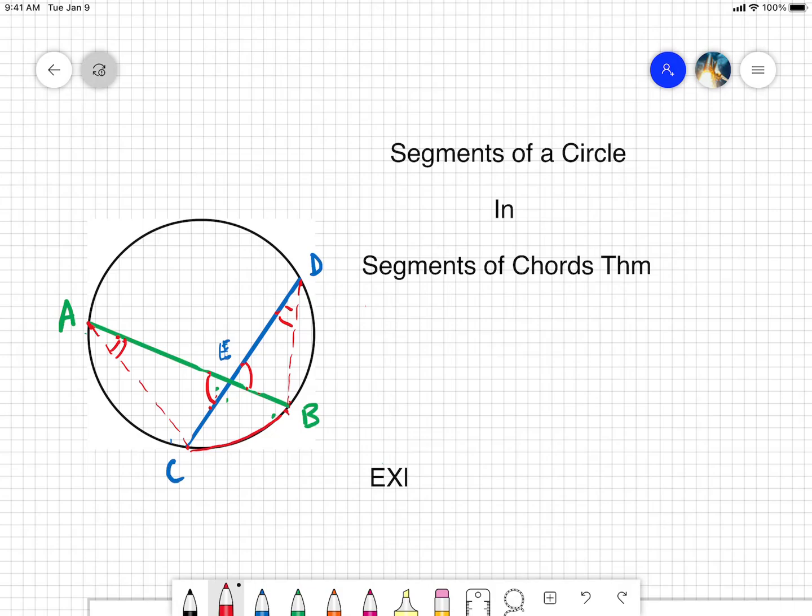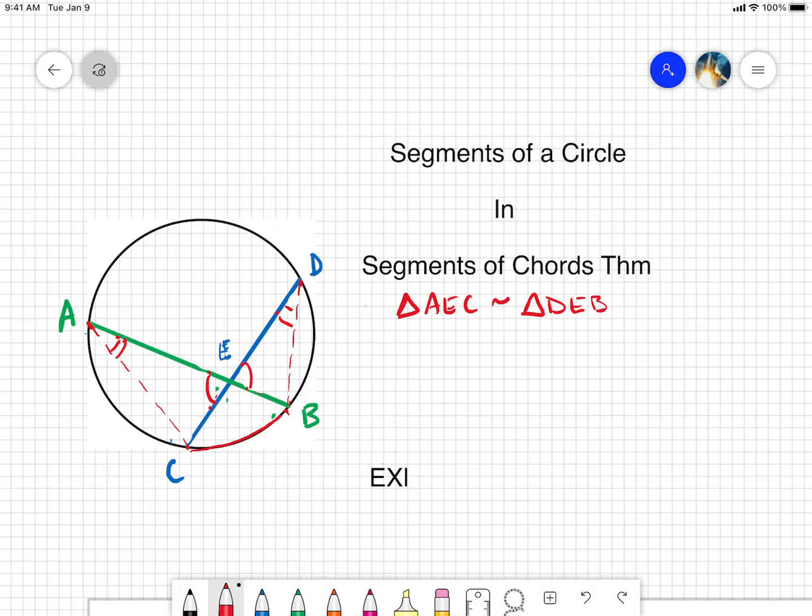That doesn't necessarily mean that they're congruent. Can they be? Yes. Are they absolutely? No. All we've proven so far is that triangle AEC is similar to triangle DEB. That's all we have so far.